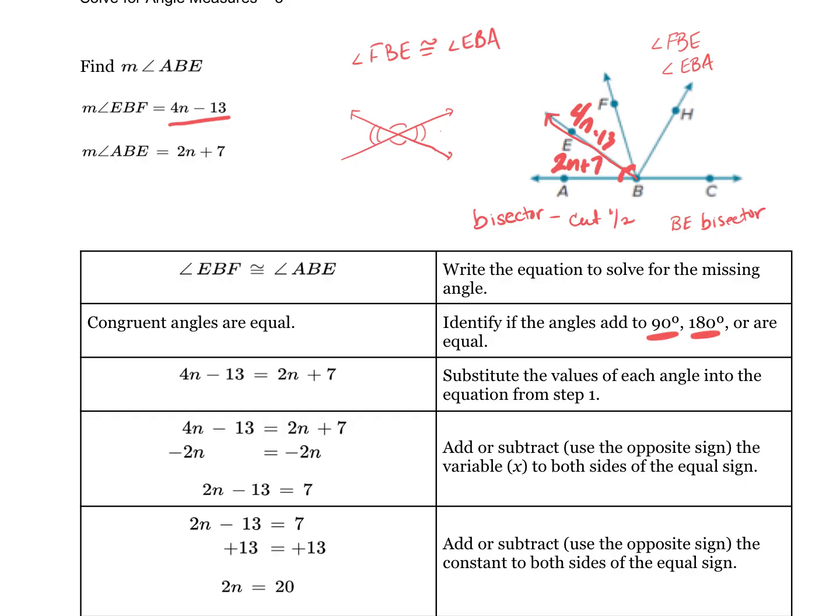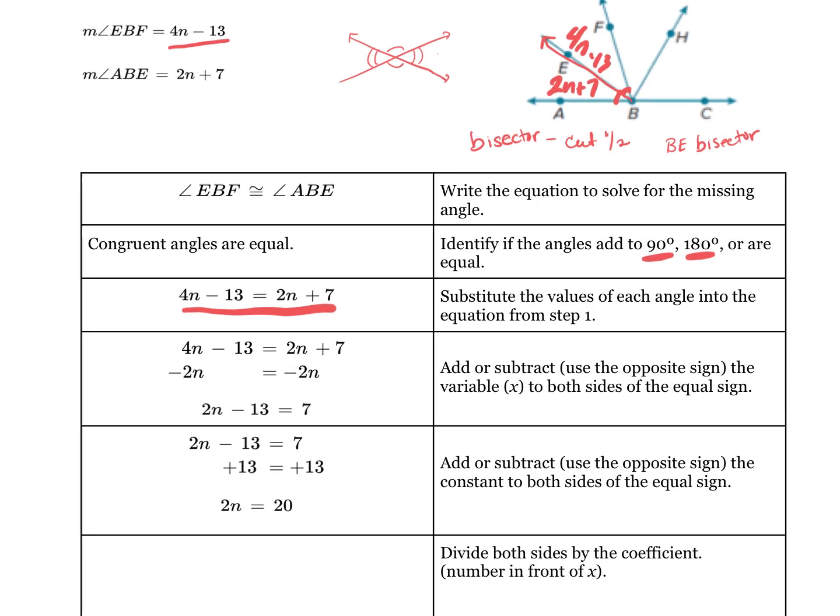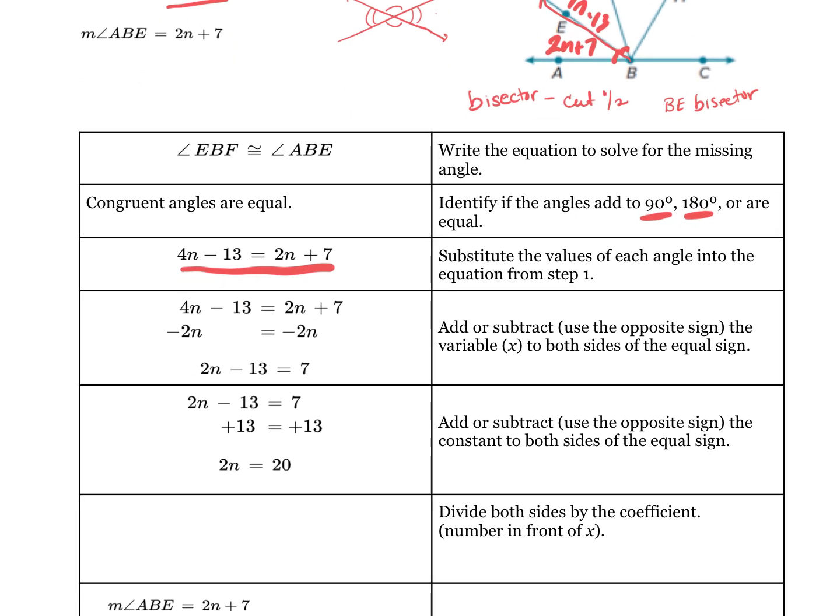Okay. They're congruent. They're equal. So I set the two expressions equal to each other. While I do not have to distribute or combine like terms, I do have to use our inverse operation to cancel out my n's on the right, to get them over to the left.